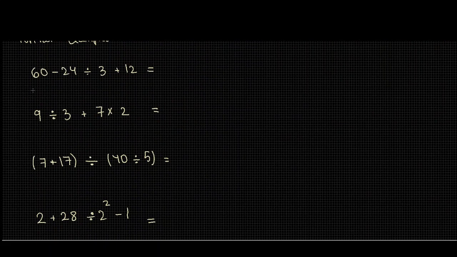We have here three operations: subtraction, division, and addition. According to the BEDMAS pyramid, division is more important, so I will start with this operation first. 24 divided by 3, this is 8, so I will rewrite the equation: 60 minus 8 plus 12.